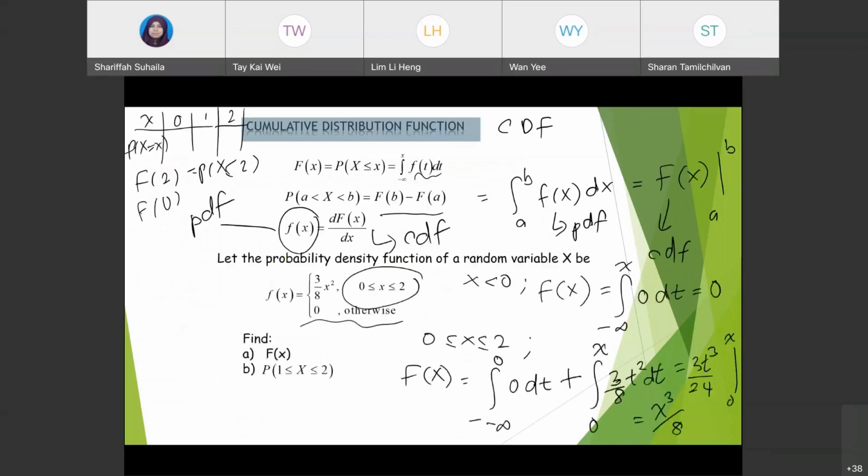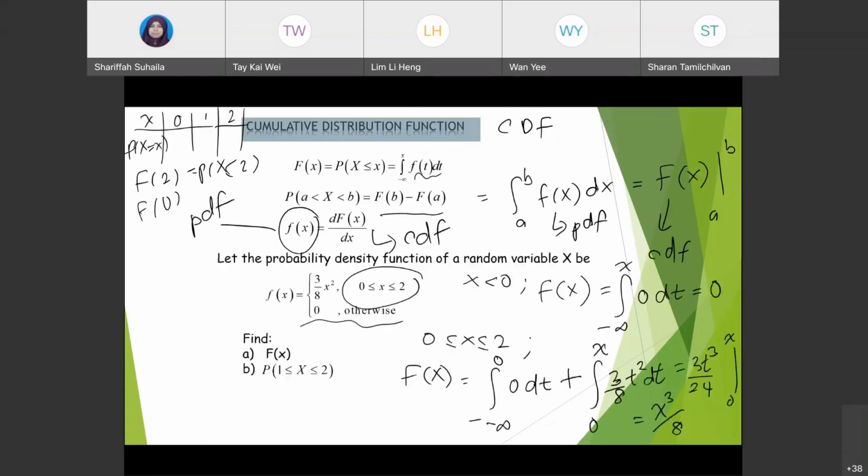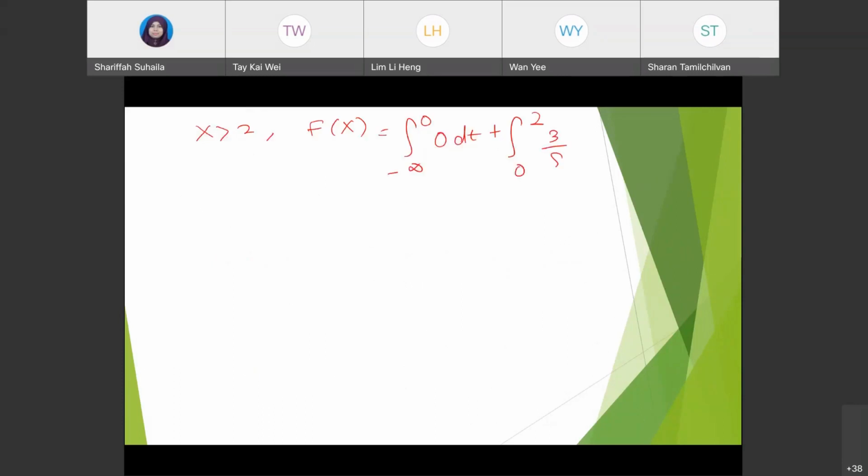Okay, so again, you have this one, f(x) equals x cubed over 8. For the last one, you consider what happens when x is greater than 2. So we will have F(x) equals the integral from minus infinity up to 0 of 0 dt, plus 0 up to 2, plus 2 to some value of x of 0 dt.